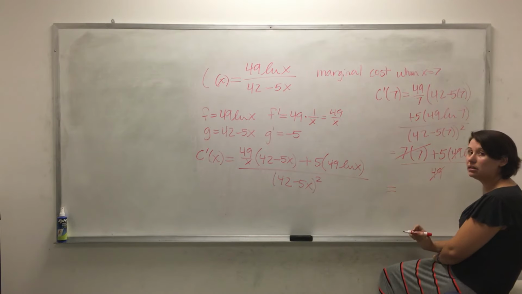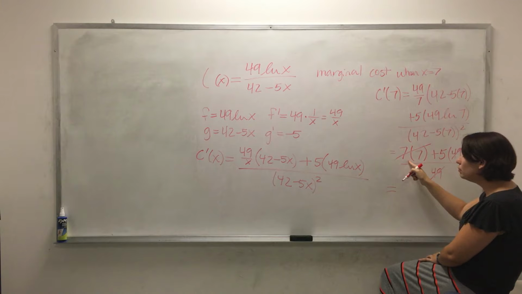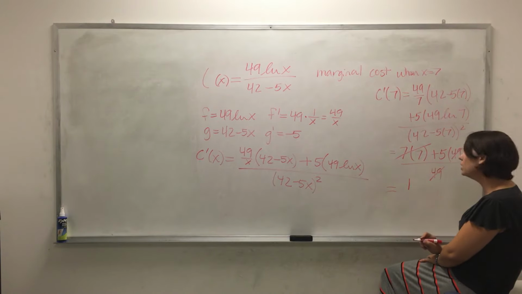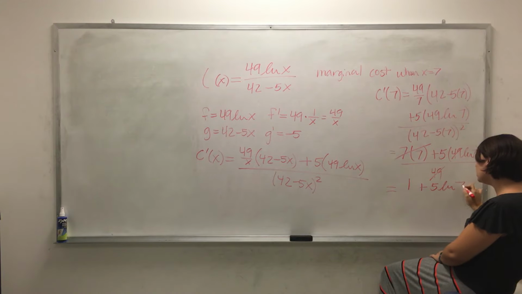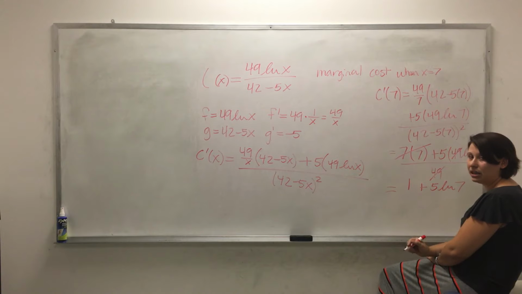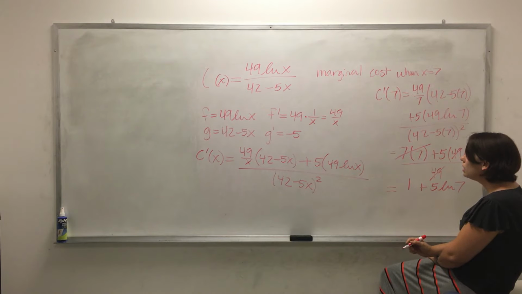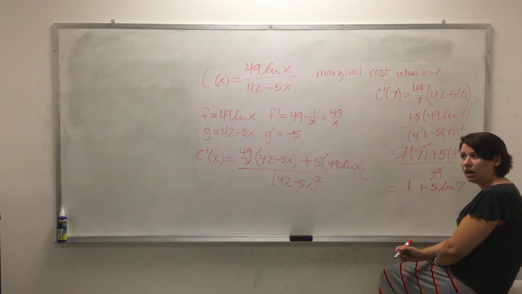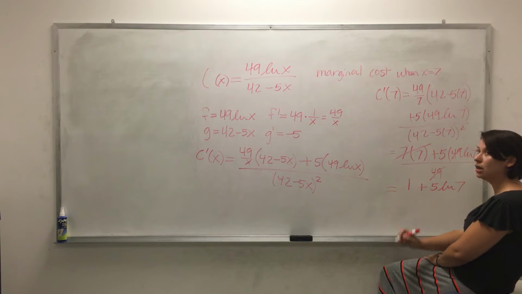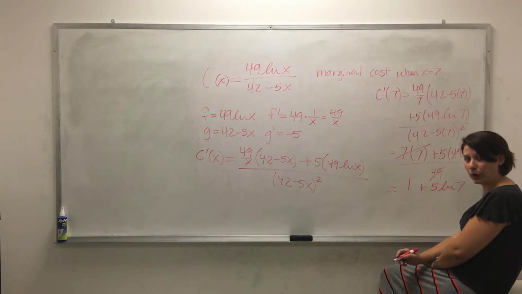So that means we canceled it out, but we still need the placeholder for the term of 1 plus 5 times ln of 7. This is our answer, I think. Yes, because they want you to rewrite it and submit the answer in exact form. So this would be the formatting. Okay?